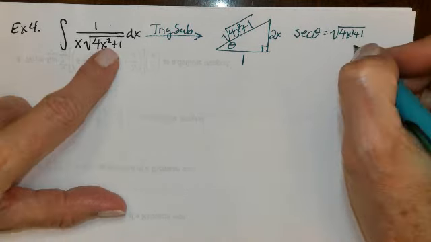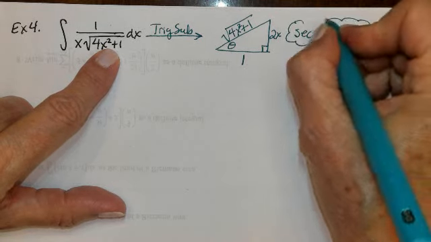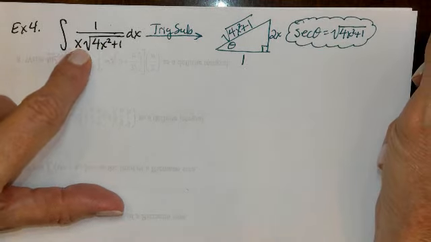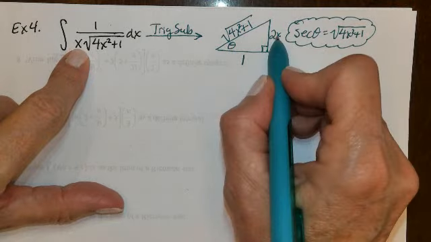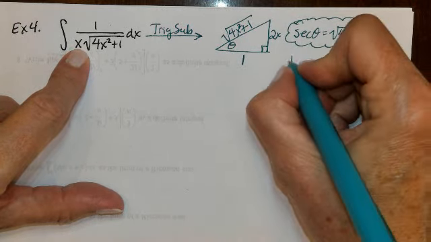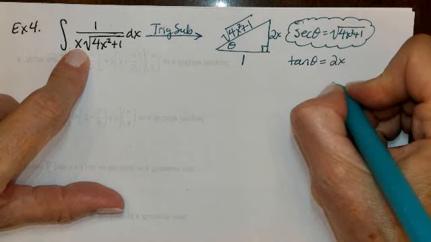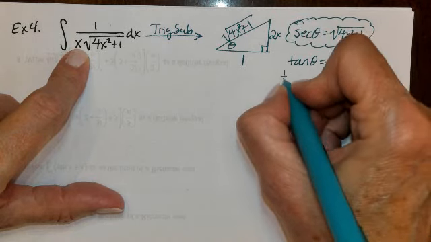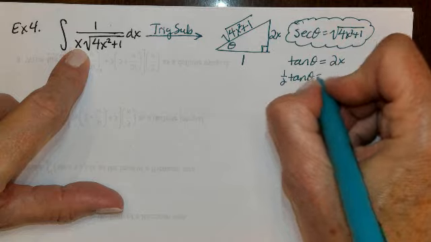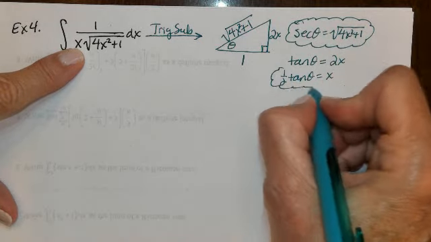So in place of the square root, I'm putting secant theta. Now in place of the x, I'm going to use opposite over adjacent. So that's tangent. Tangent of theta is 2x over 1, right? So 1/2 tangent theta is equal to x. And that's what I can sub in for x.